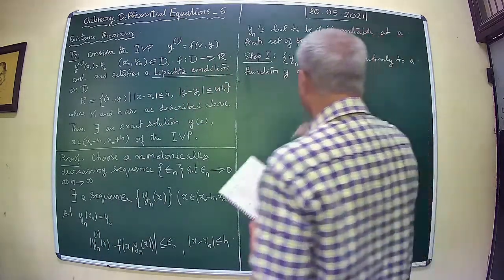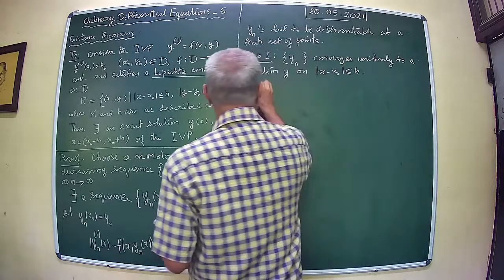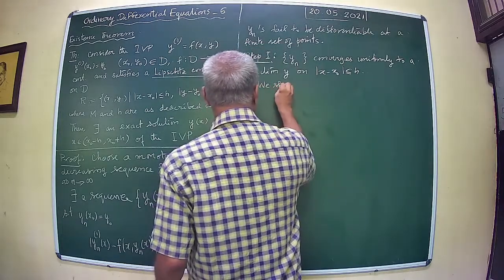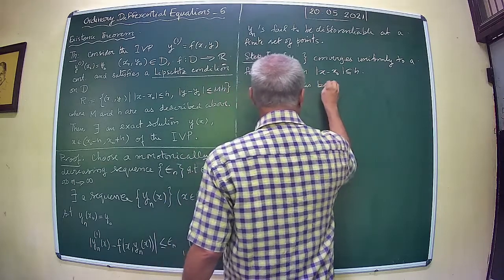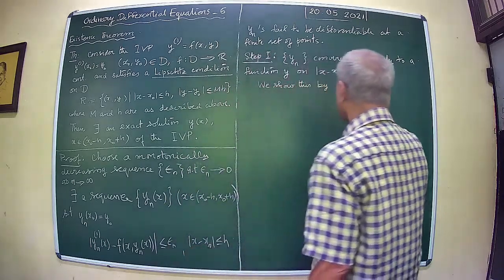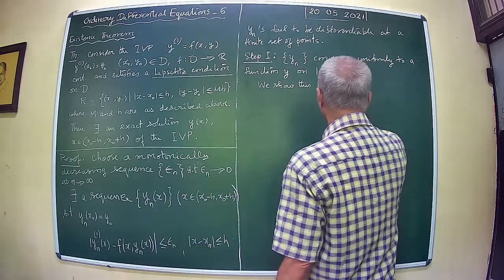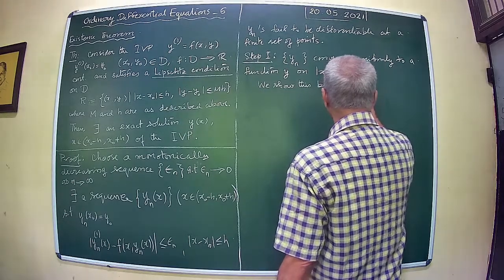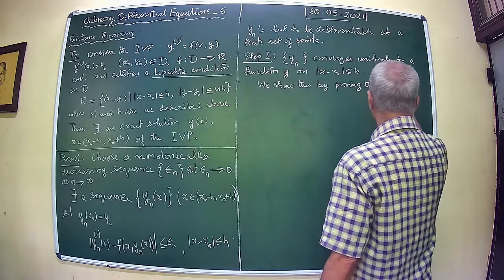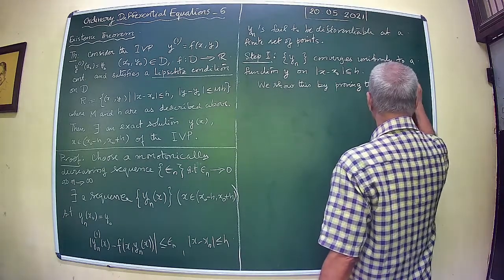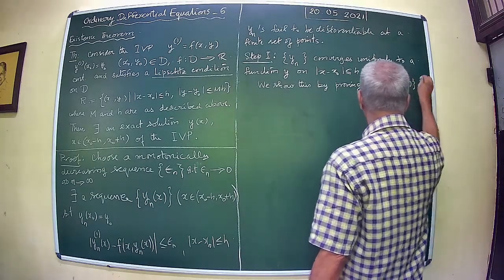What we prove is the following. We show this by proving that the sequence y_n is uniformly Cauchy.